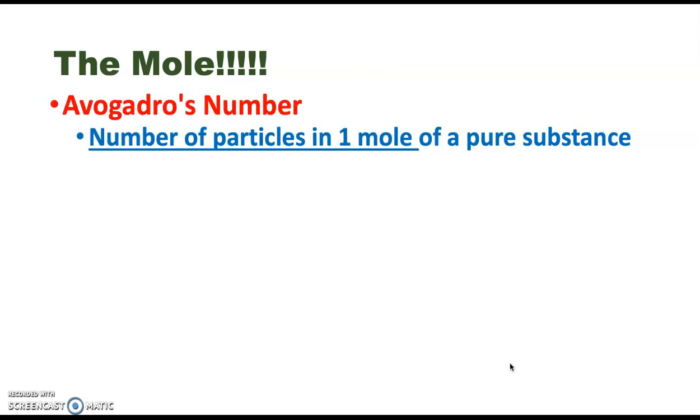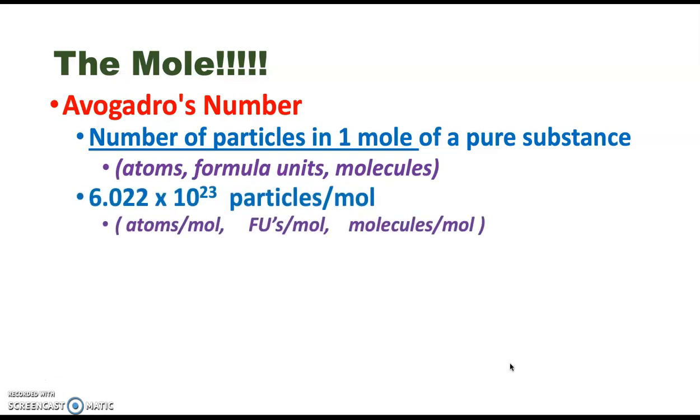So Avogadro's number is the number of particles in 1 mole of a pure substance. We count atoms, formula units, and molecules by the mole. Remember, atoms are for elements, formula units are for ionic compounds, and molecules are for covalent compounds. So whenever we say a mole, we're talking about 6.02 times 10 to the 23rd particles per mole.